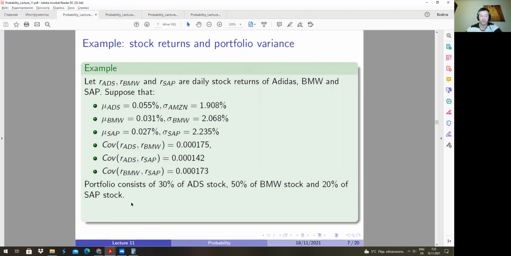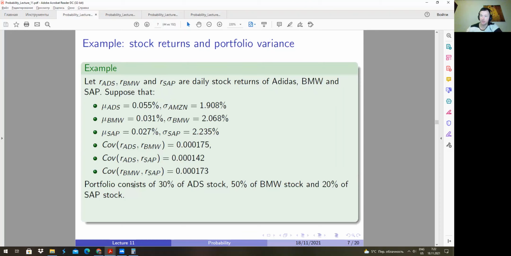So suppose that we invest our money in the following proportions. We invest 30% of our capital into Adidas, 50% into BMW, and 20% into SAP.